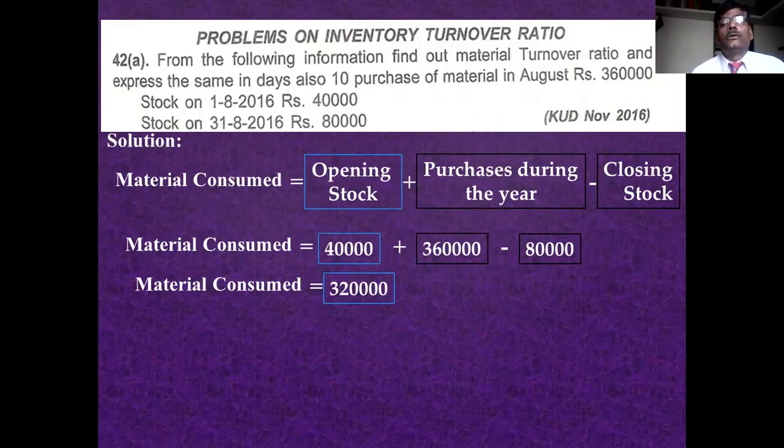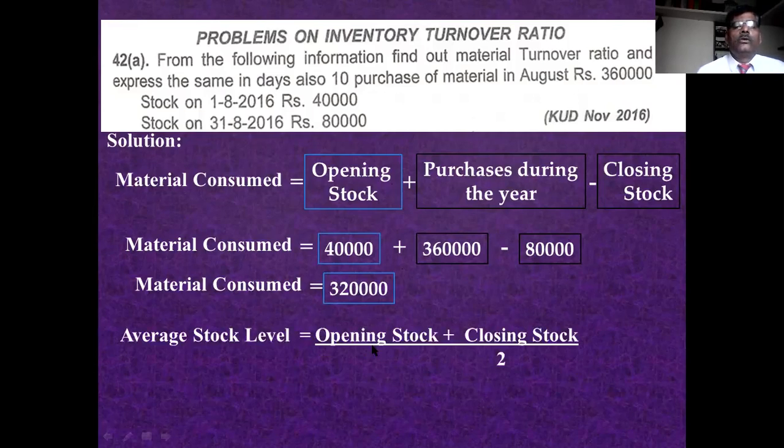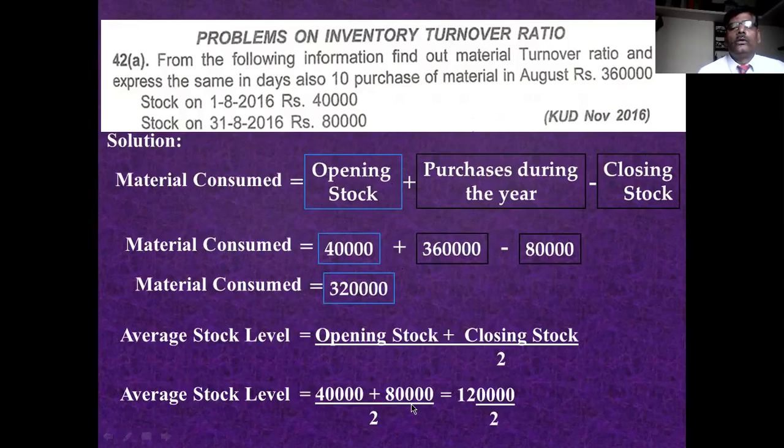That equation is also there. Out of these three equations, you follow one according to the given information. Average stock is equal to opening stock plus closing stock divided by 2. Opening stock is 40,000, closing stock is 80,000, divided by 2, is equal to 1,20,000 divided by 2, which is equal to 60,000. 60,000 is the average stock.